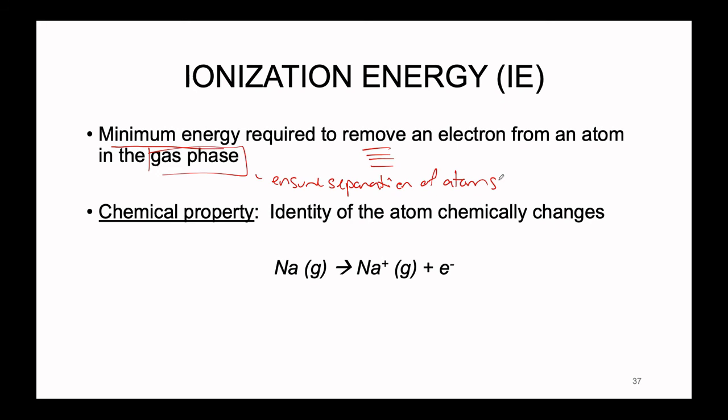The ionization energy and this type of property is a form of chemical property. The fundamental identity of the atom chemically changes as we remove an electron. A really good example for how we can explain this as a chemical property is if we observe sodium versus sodium plus.